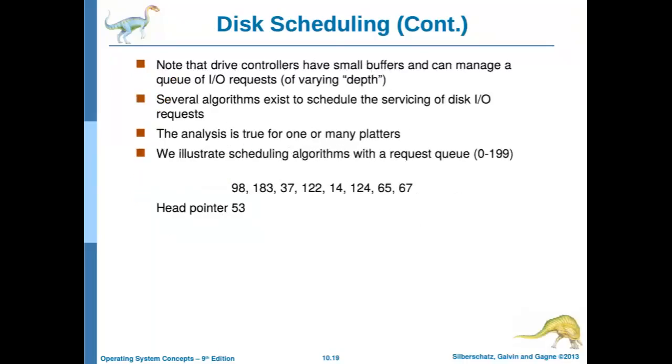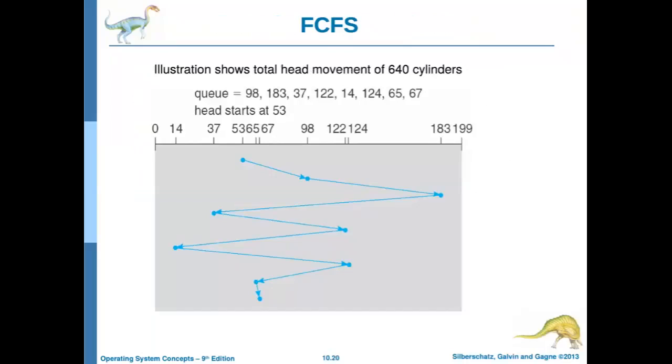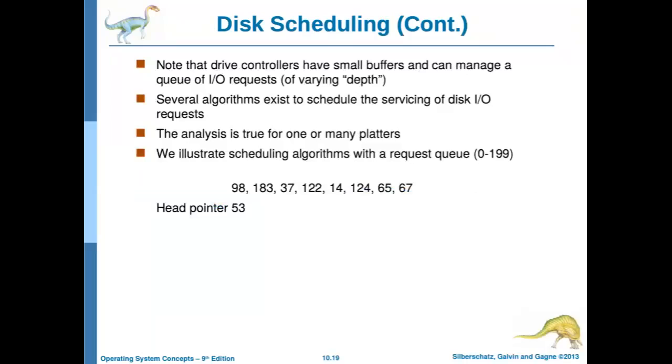For these algorithms, the important thing is something called a request queue, where we think of cylinder numbers. For example, in this diagram, this is kind of a reference string like what we used in memory management.